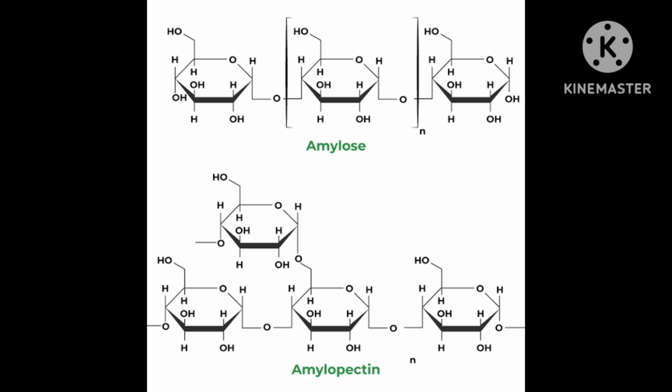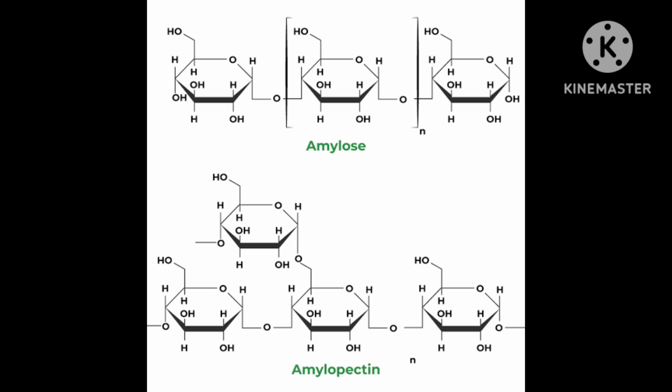It is made from glucose units held by C1 and C4 glycosidic linkage. All units are attached to each other by a glycosidic linkage at C1 and C4. One unit C1 and the other unit C4. C1 means carbon 1, C4 means carbon 4.